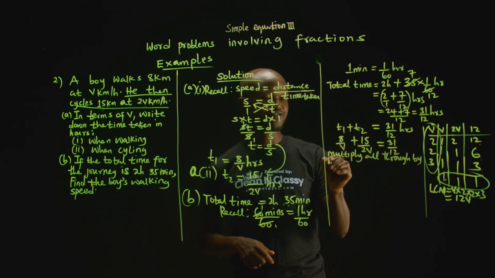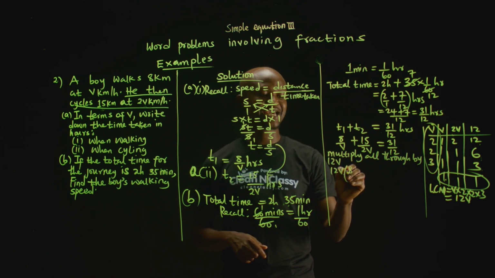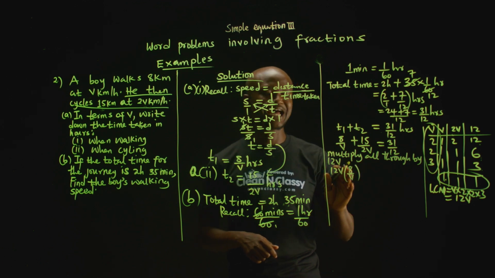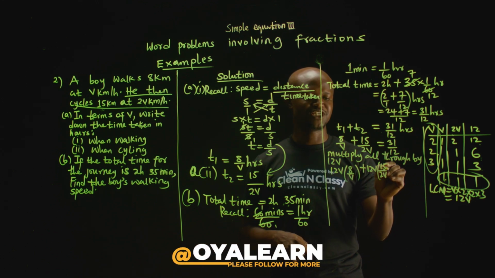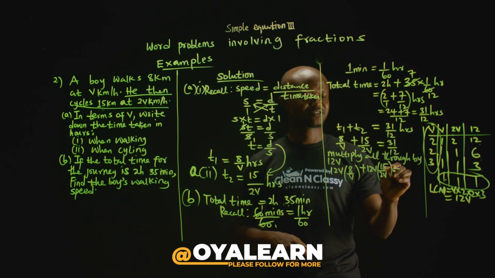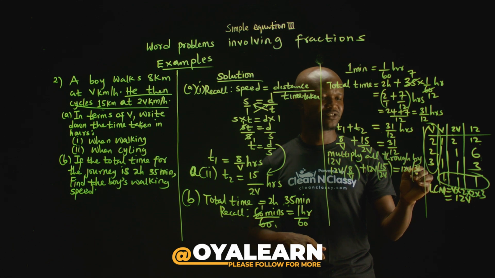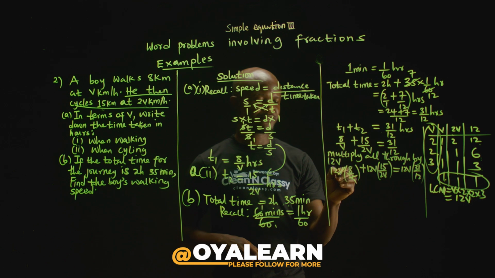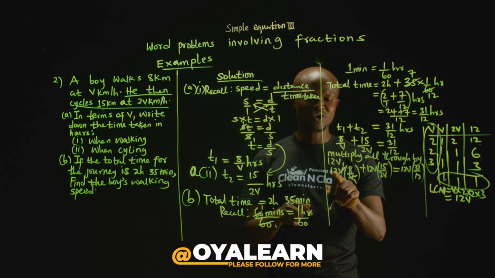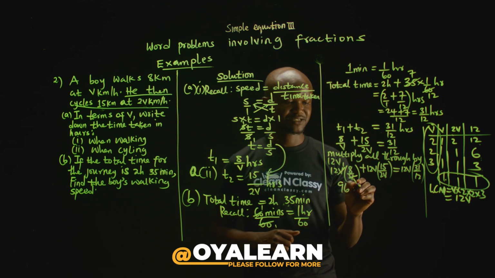So we have 12V into bracket 8 over V. We are multiplying each term. Then 12V multiplied by 15 divided by 2V equals 12V multiplied by 31 divided by 12. Now, V here 1, V here 1. So we have 12 times 8 here. What is 12 times 8? That is 96.